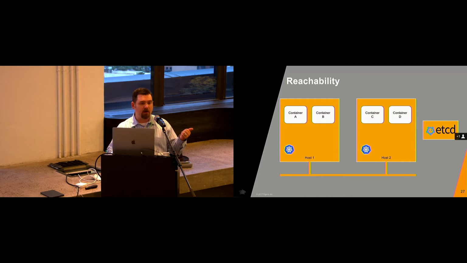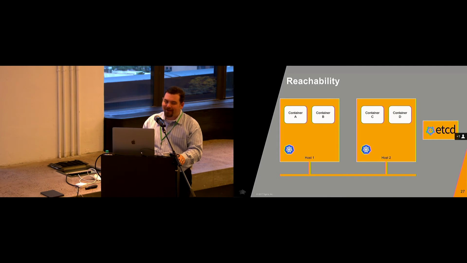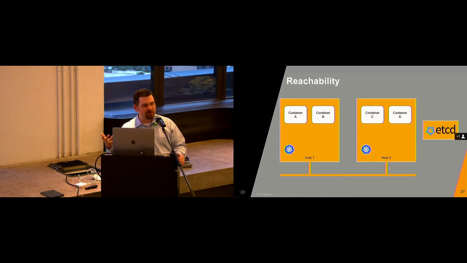Previously, we were doing TPRs, but they just changed over to CRDs within Kubernetes, and so we can actually use the Kubernetes schema as a mechanism to store the same data. But basically, we need a distributed key value store. Another side effect of this is that we can scale the number of hosts to the same size that the distributed key value store can handle in terms of read and write updates, right?